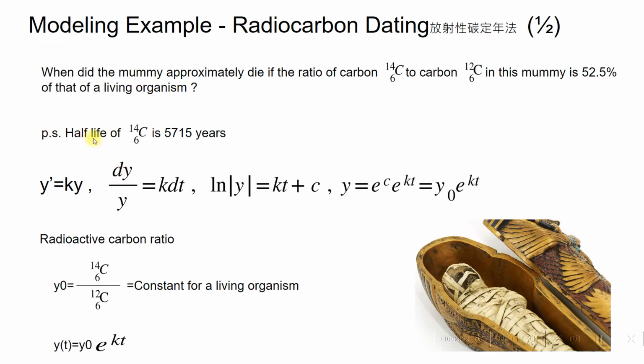And additionally, it says half-life of carbon-14 is 5,715 years, which means that the radioactive carbon ratio y of t will decay to half of its initial value after 5,715 years.